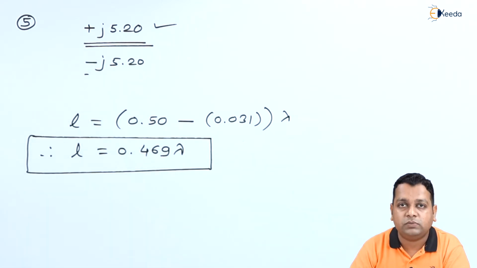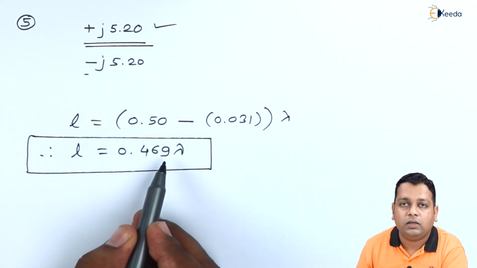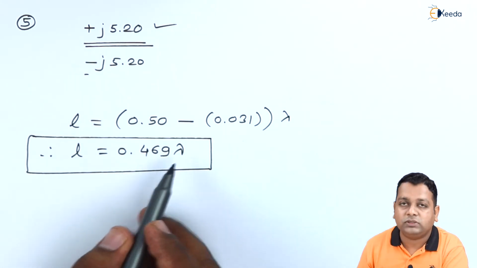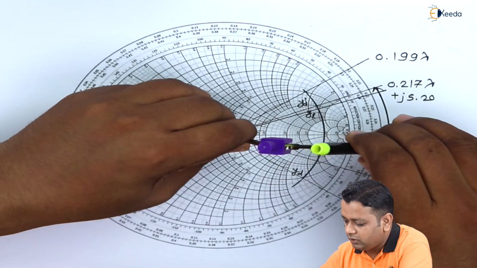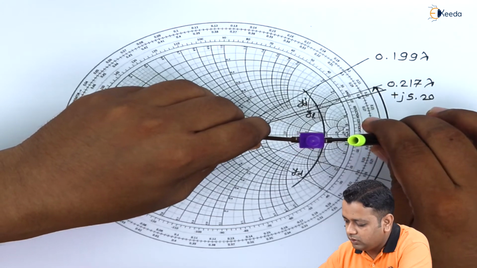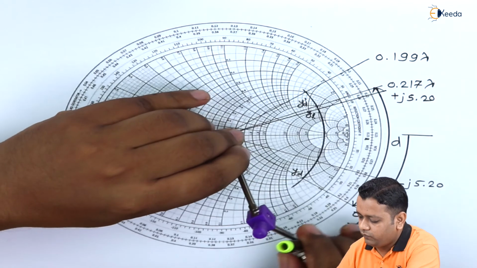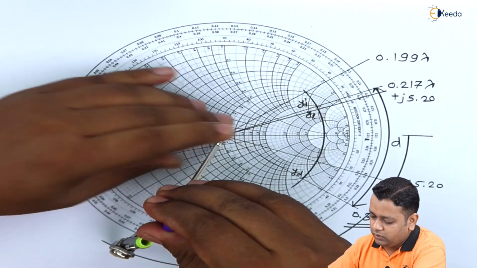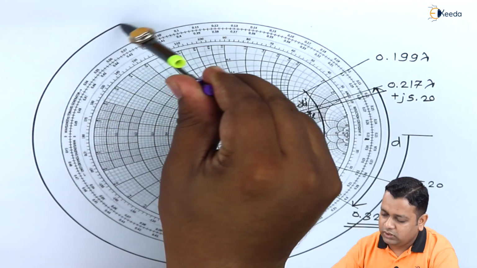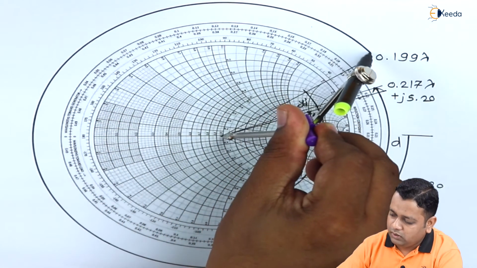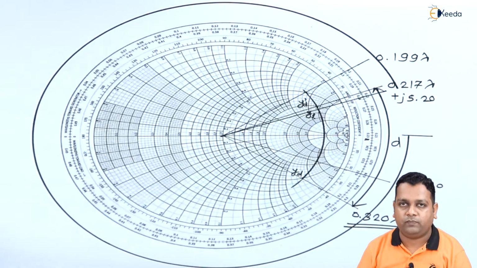So let us get back to the Smith chart where we can show you the entry of L equal to 0.469 times lambda here. So we get the center here. From the center we take this much of distance and we measure the length L in this particular direction, that is wavelength towards the generator, until the point marking of j 5.20 comes here.